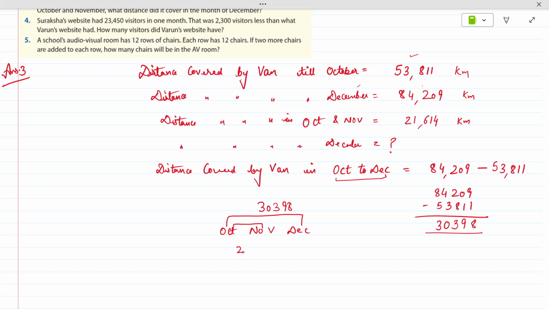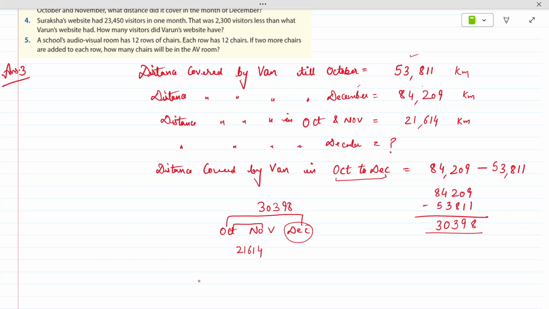This is 21,614. And what we have to find out is the distance covered in December. So this is simple. We are given the total distance of 3 months. We are given the total distance of 2 months. And what we have to find is the distance covered in the last month.